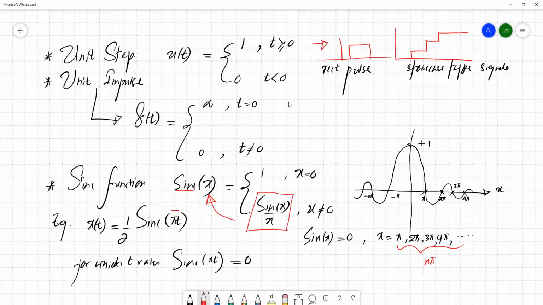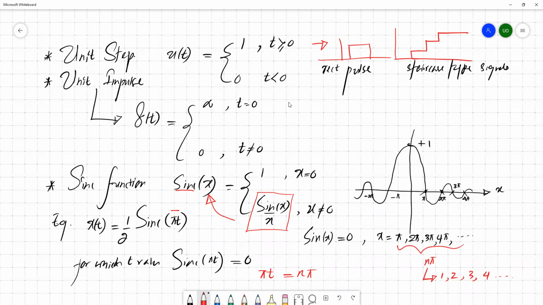We can capture this whole component by using nπ, where n is an integer: 1, 2, 3, 4 and so on. Similarly, the inner argument here is πt. So πt should be n times π.